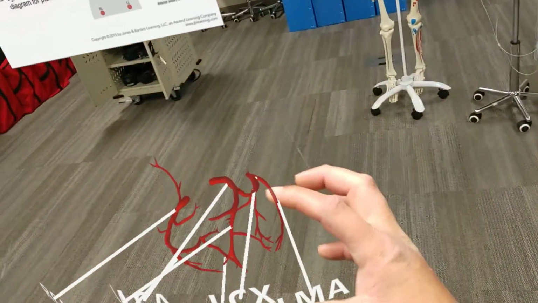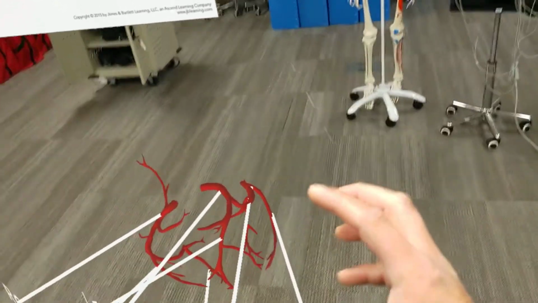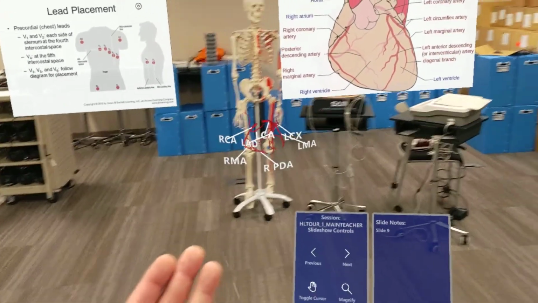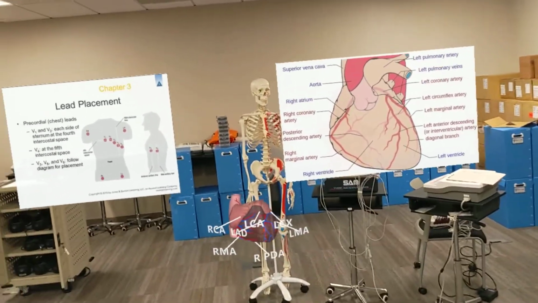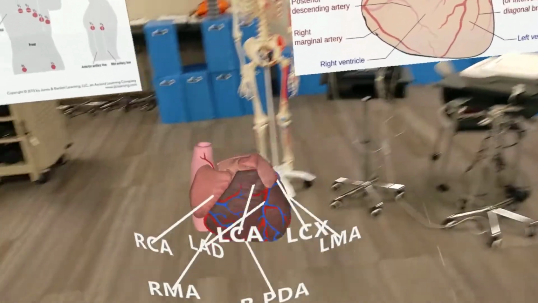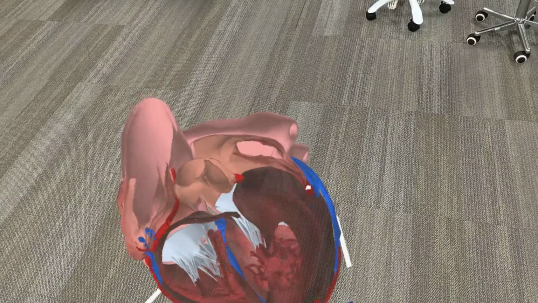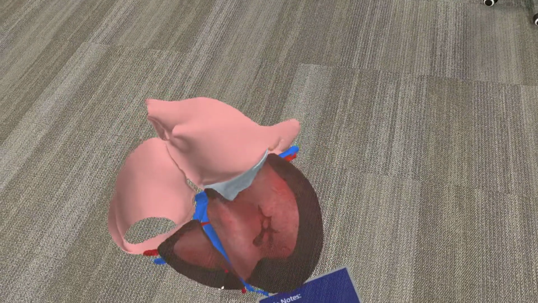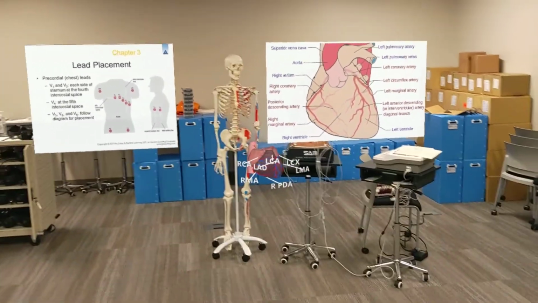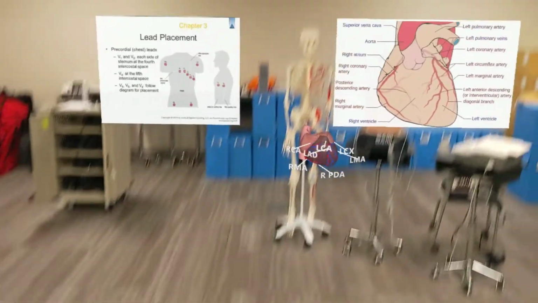As you can see, the left side is much more robust because it's taking care of a lot more muscle. Putting it all together, you can see how the heart sits. We can see the difference in the thickness of the wall of the left ventricle and why it's important and why it creates that particular rhythm.